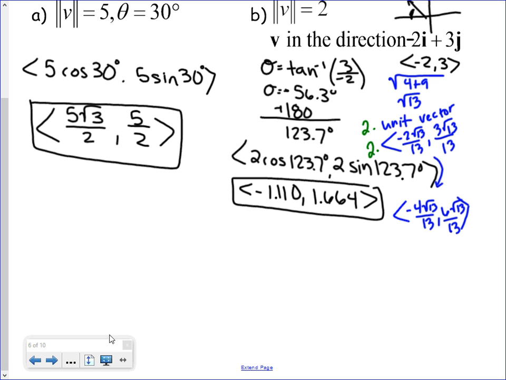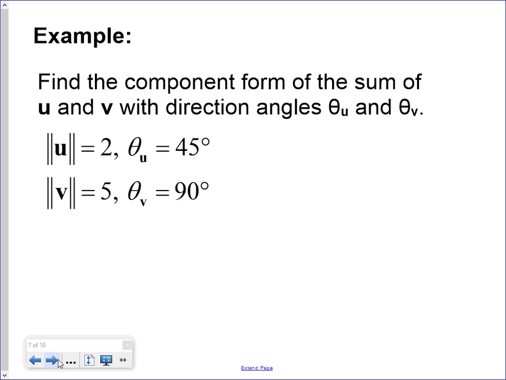Okay, I'm going to skip the next example because I want to get to one word problem. But I just want to show you this real quick and talk about it because you'll see problems like this on your homework. Find the component form for the sum of u and v. So notice you get magnitude and angle for u. You get magnitude and angle for v.